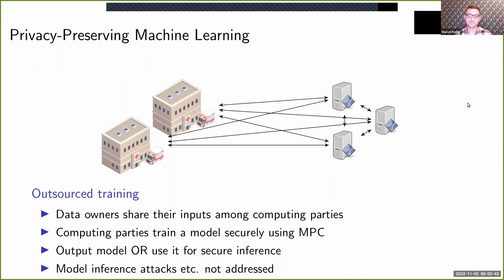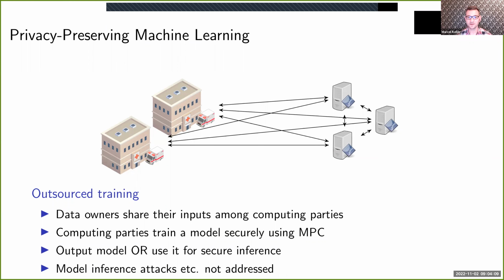And the way it's usually done, I would argue, with MPC or general MPC, is this model of outsourced machine learning. So imagine you have all these parties that have the sensitive data on the left.